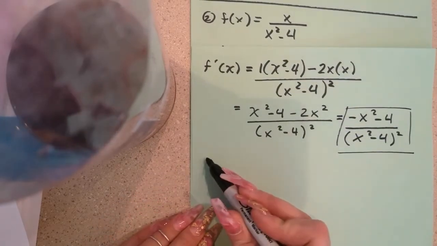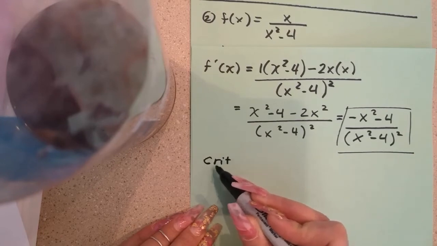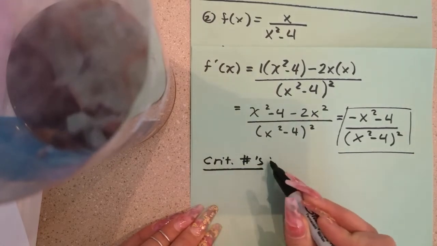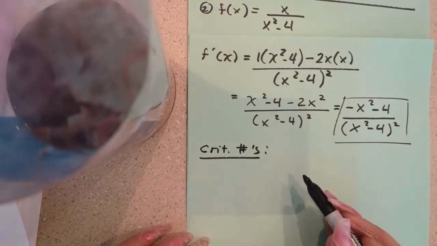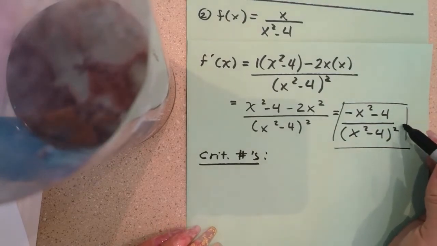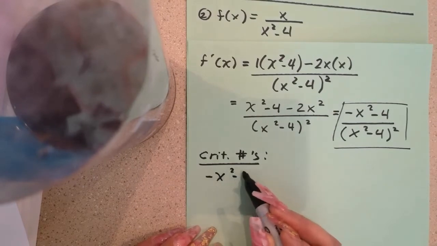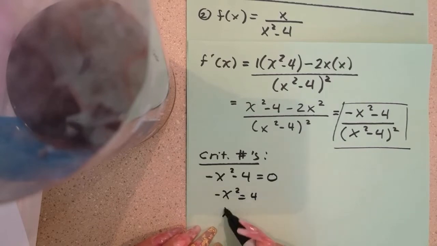Okay, so let me find my critical numbers. I'm looking either where this is equal to 0. So that would mean negative x squared minus 4 is 0. That'd be, negative x squared is 4, x squared is negative 4.